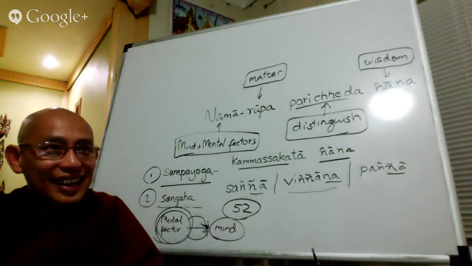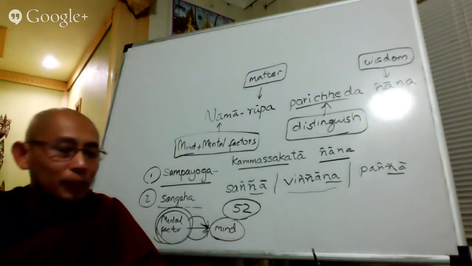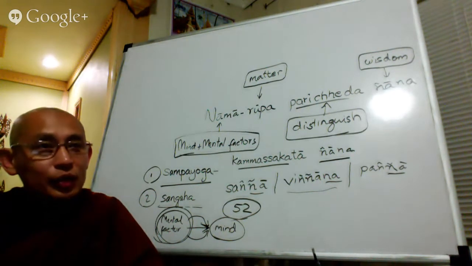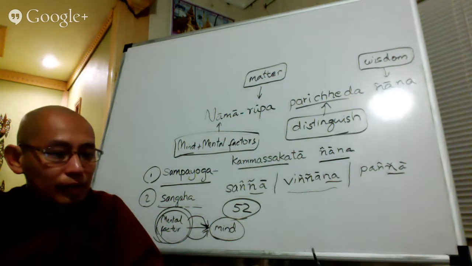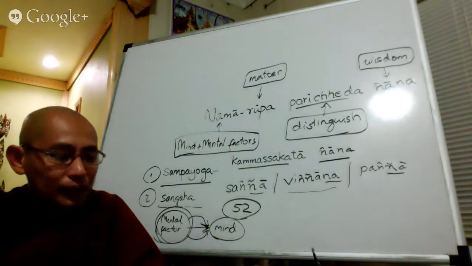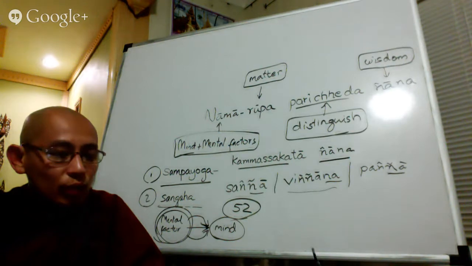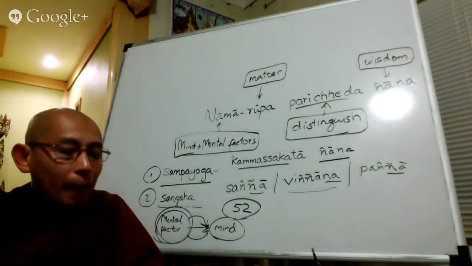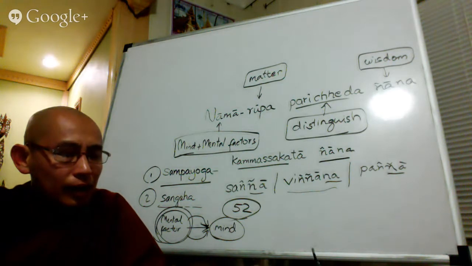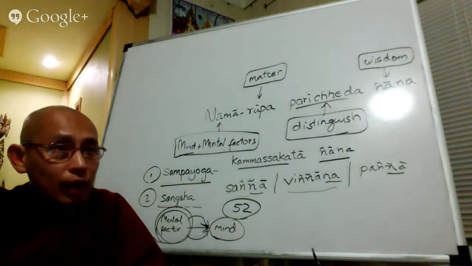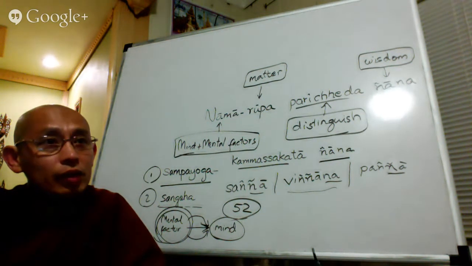Okay. So next one. Pakinnaka. We finish Vitakka and Vicara. Another one is Adhimokkha. Adhimokkha means, you know, to make the decision, good or bad, whatever. But when we think about the akusala, how many akusala states are associated with adhimokkha?